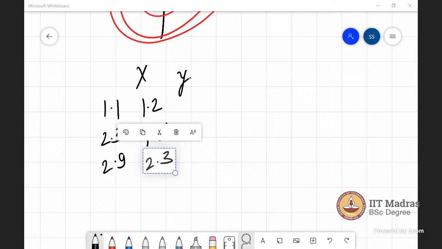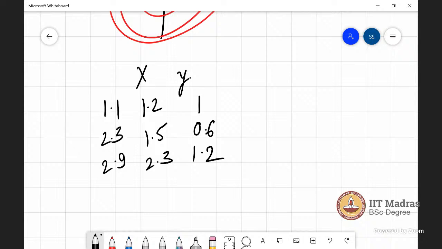1.6 and 1.2. So this is the table that we have.